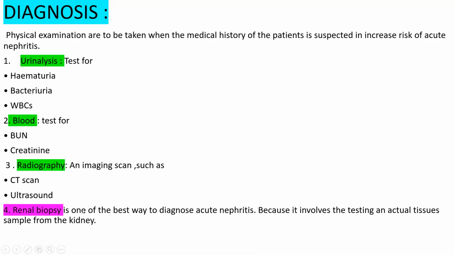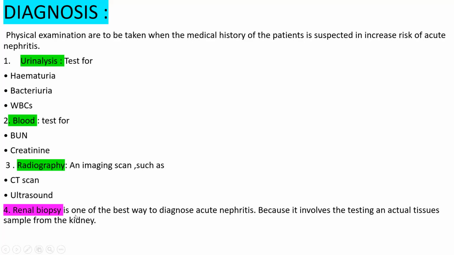Okay, next, number 4, is renal biopsy, which I keep on explaining. In a biopsy, some amount of tissue is taken out from your kidney for further investigation. That tissue is taken into the lab and observed under the microscope, which I already explained to you all many times.